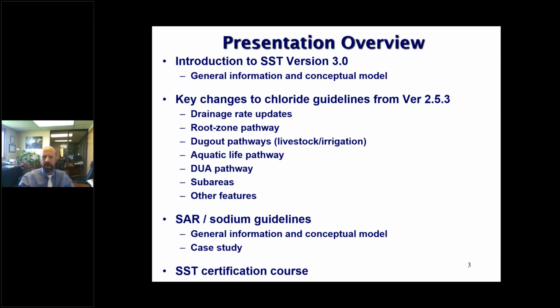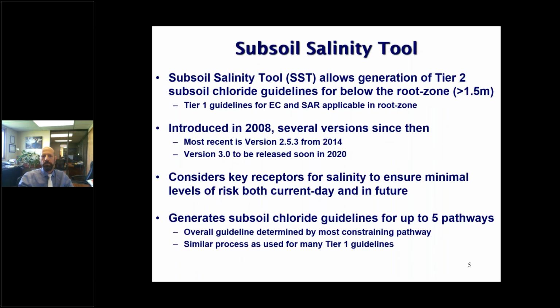I'll be discussing these pathways in the conceptual model, how sub areas work now, and some other features that have been added. Then we'll get into the SAR and sodium guidelines, which is a new feature added to the tool, the conceptual model there, and a very brief study of some example calculations. And then a bit of information on the certification course as well.